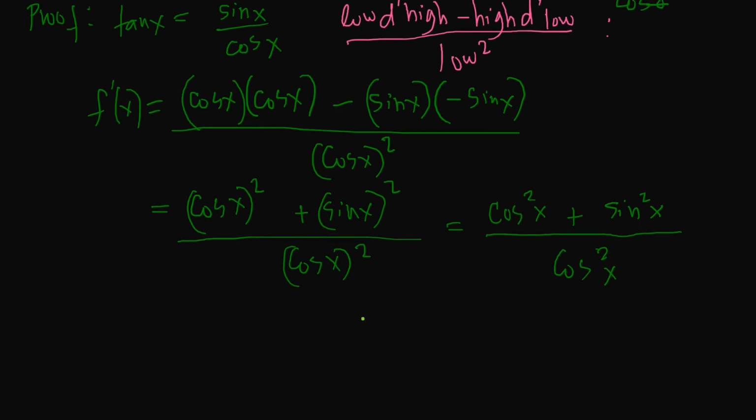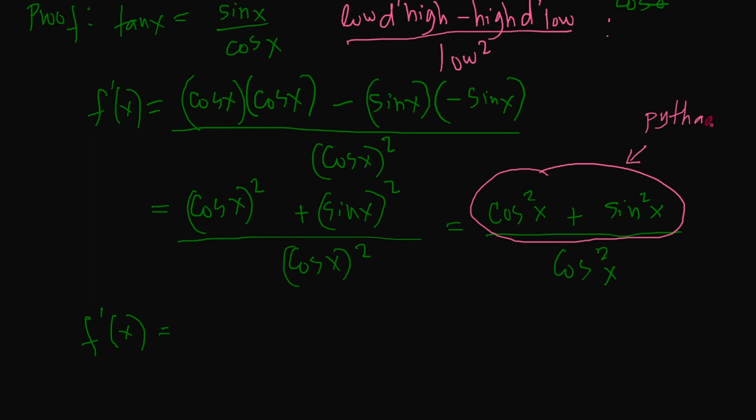In trigonometry also, we know that the numerator here, cosine squared x plus sine squared x, is the Pythagorean identity. I will write here Pythagorean identity.